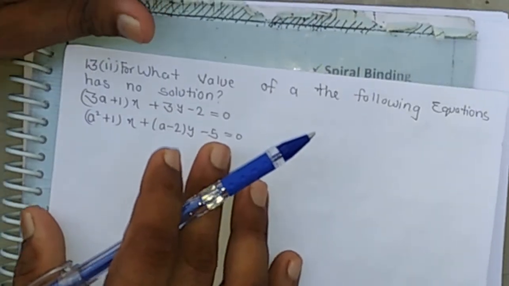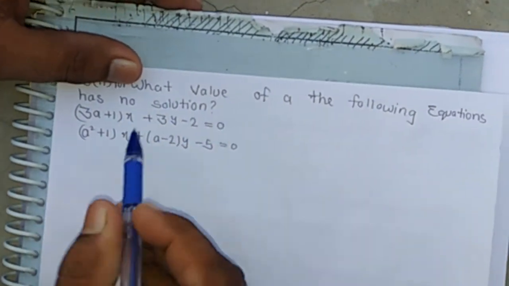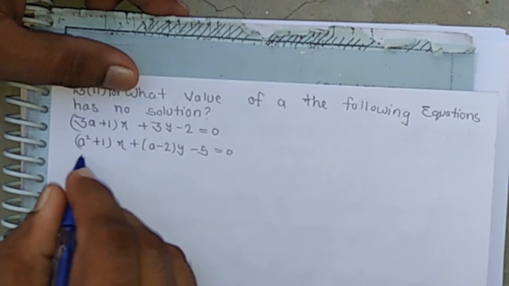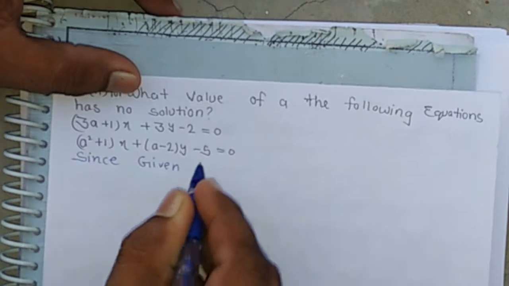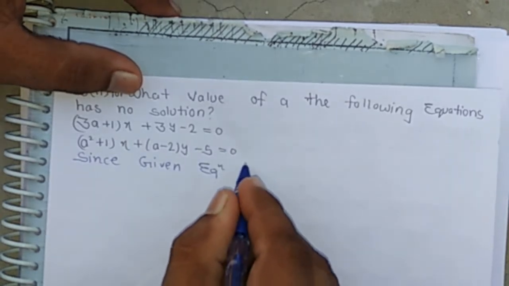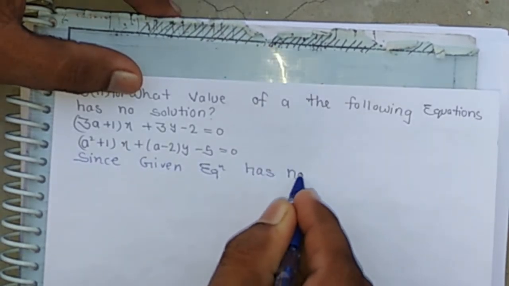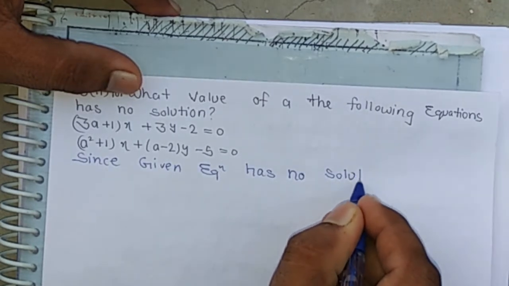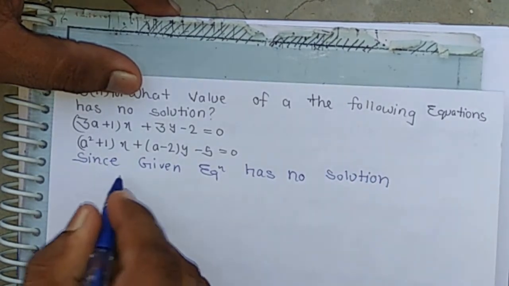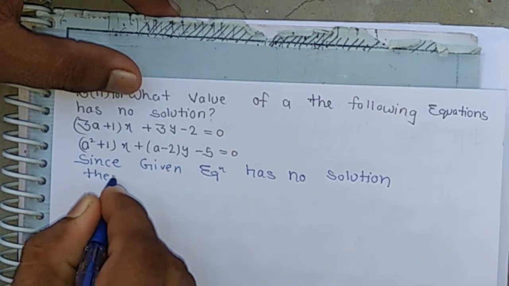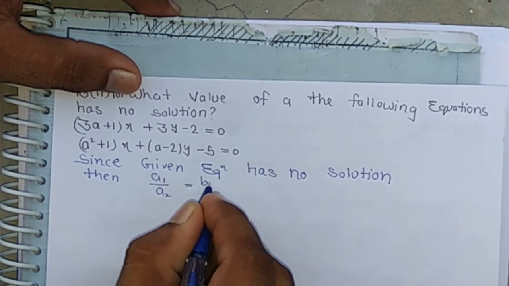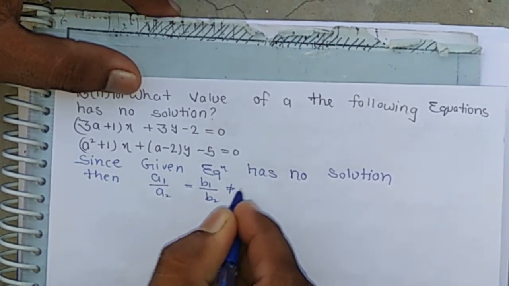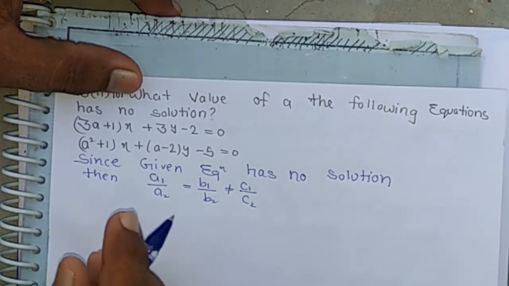Now the second question is, for what values of a does the following equation have no solution? Since the given equation has no solution, then a1 by a2 equal b1 by b2 is not equal to c1 by c2.